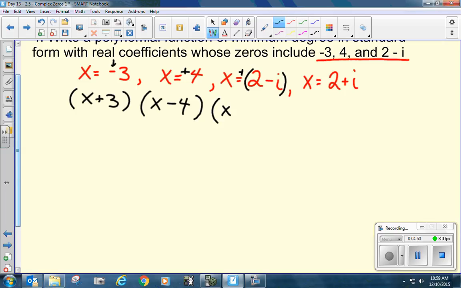In front of it, it's x minus, and in parentheses, 2 minus i. And the last parenthesis, what do you think it's going to be? x, because technically this still is a positive value here. We're going to subtract 2 plus i.